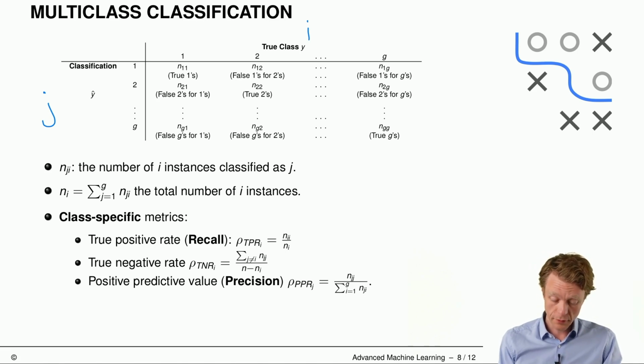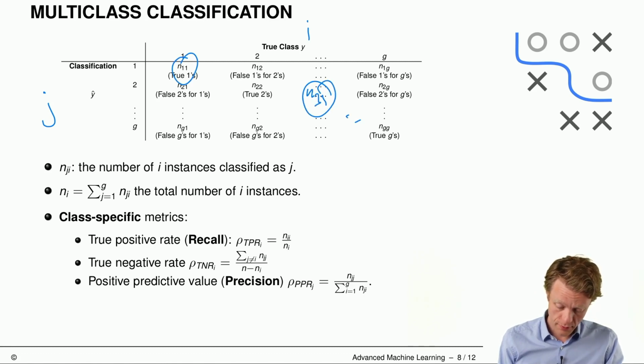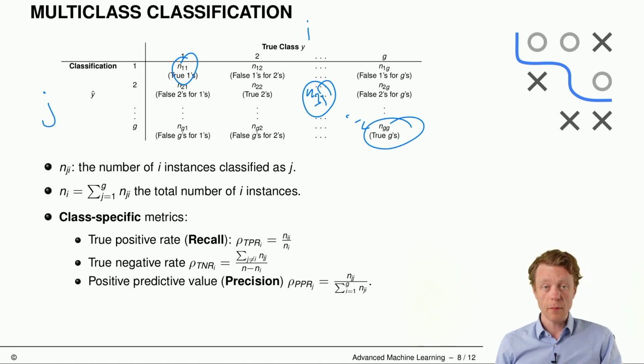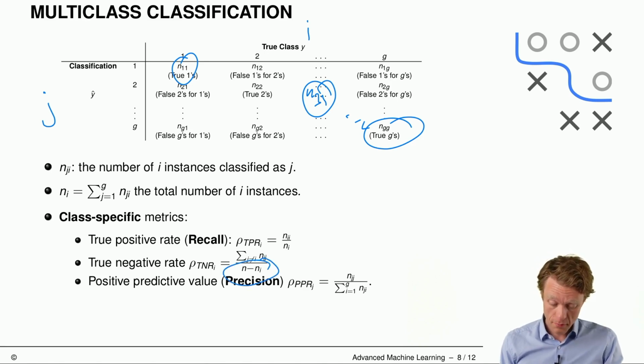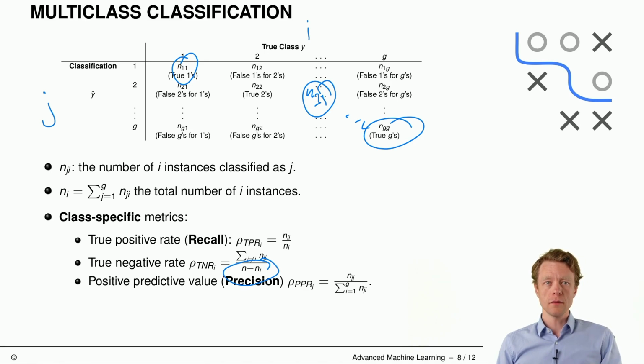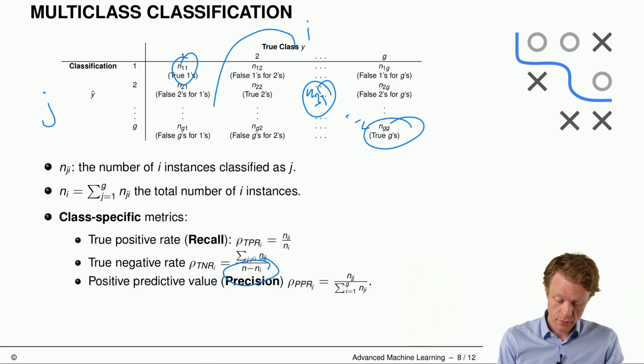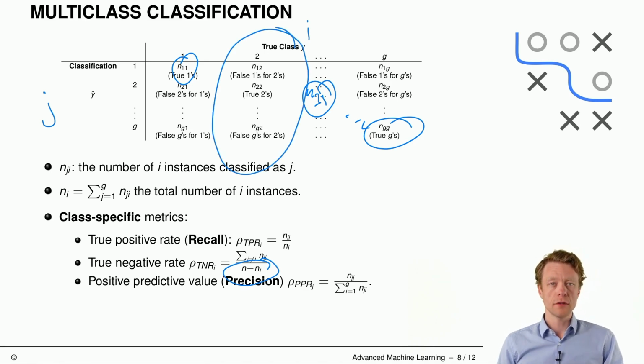So again, for column 2, we sum over n11 and n33, and so on. We sum those up and divide by the total number of all the observations that are not in the second column. So n minus n2, so all the numbers which are not in that column too.